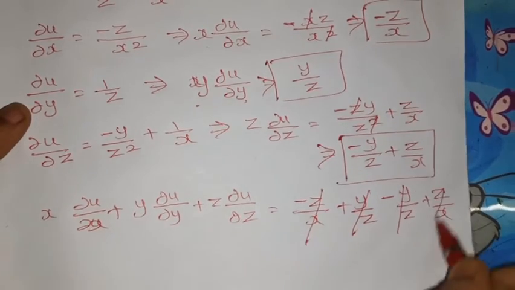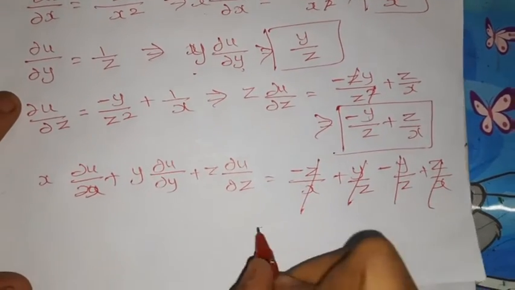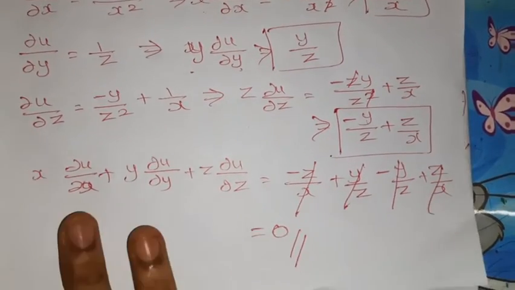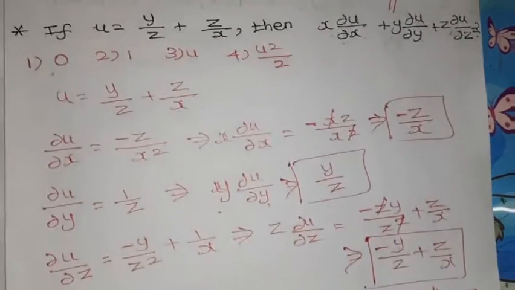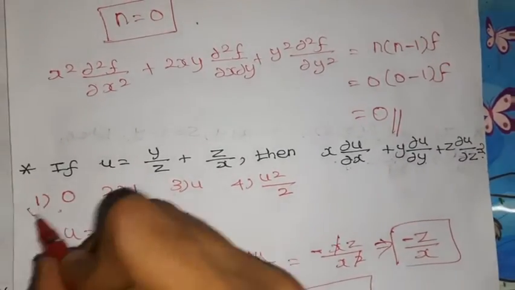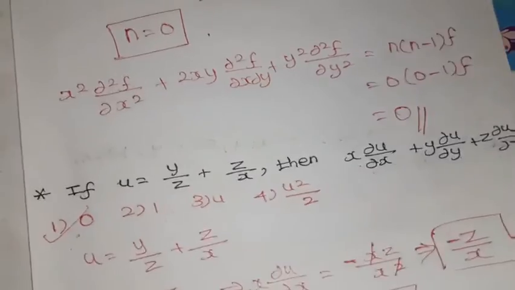These get cancelled, and these get cancelled. So we are getting 0 in the RHS. So the result is equal to 0. So option 1, 0, is the right option for this problem.